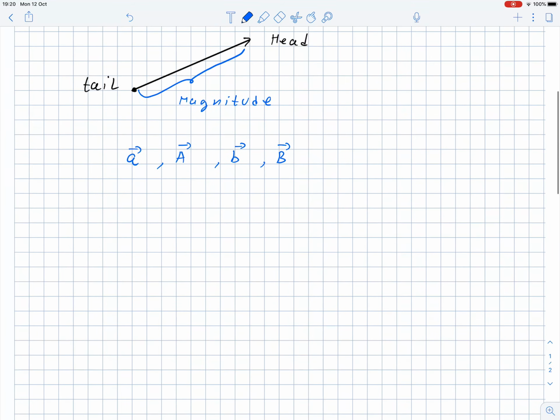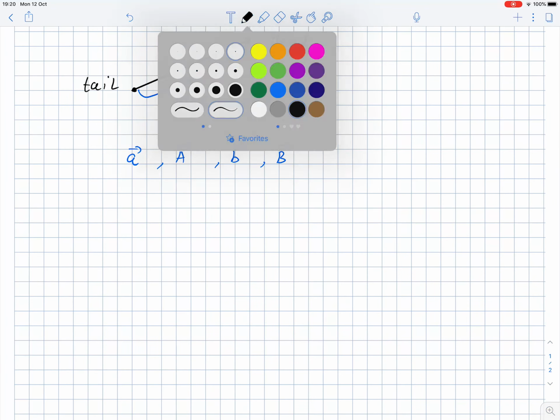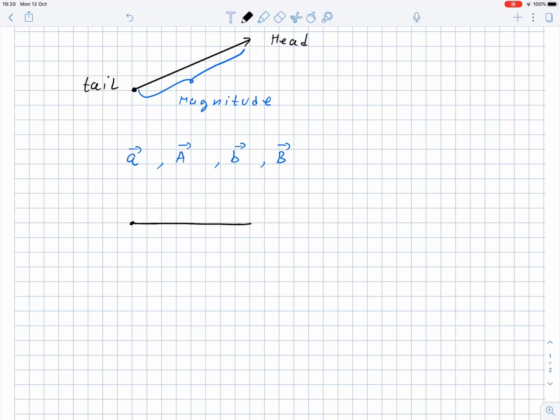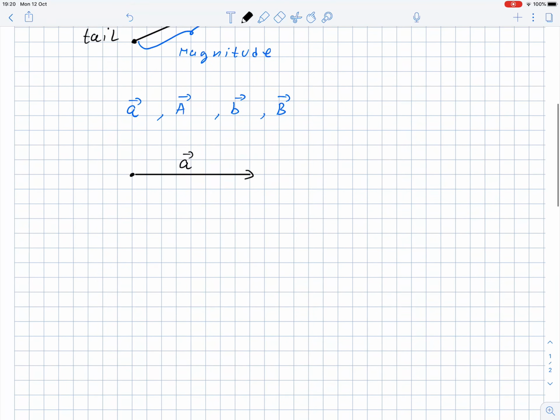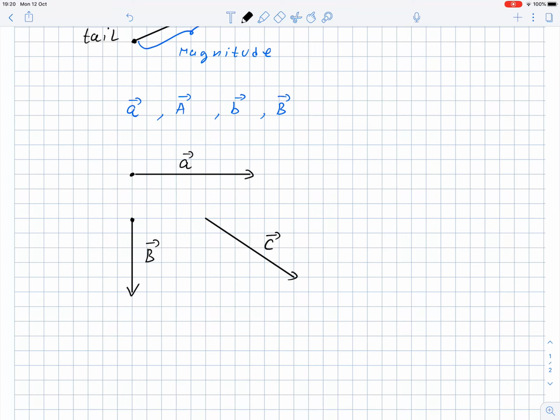Let's assume we have some vector whose direction is from left to right, and we call this vector A. Or maybe we have a vector pointing downwards and we can call it B. Or maybe this vector, we can call it C. This is how we draw a vector.